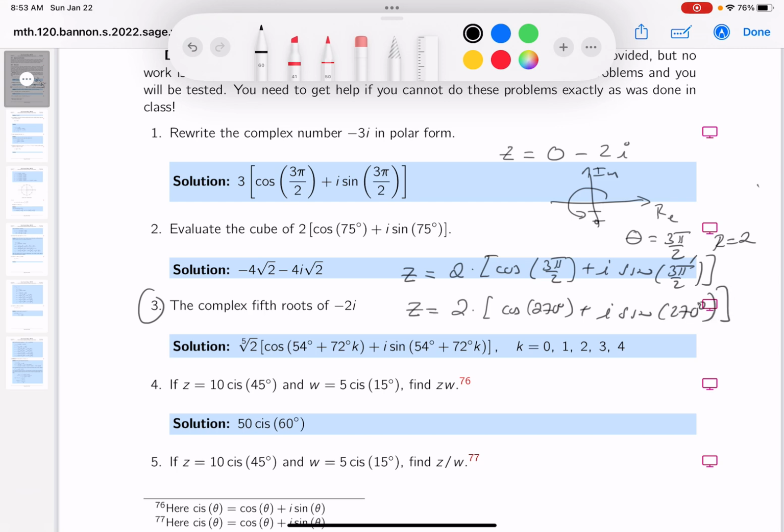Now you may have to go back and look at your notes, but I'm looking to get the fifth root of z. There's going to be 5 of them, and I'm going to write the formula down for you.